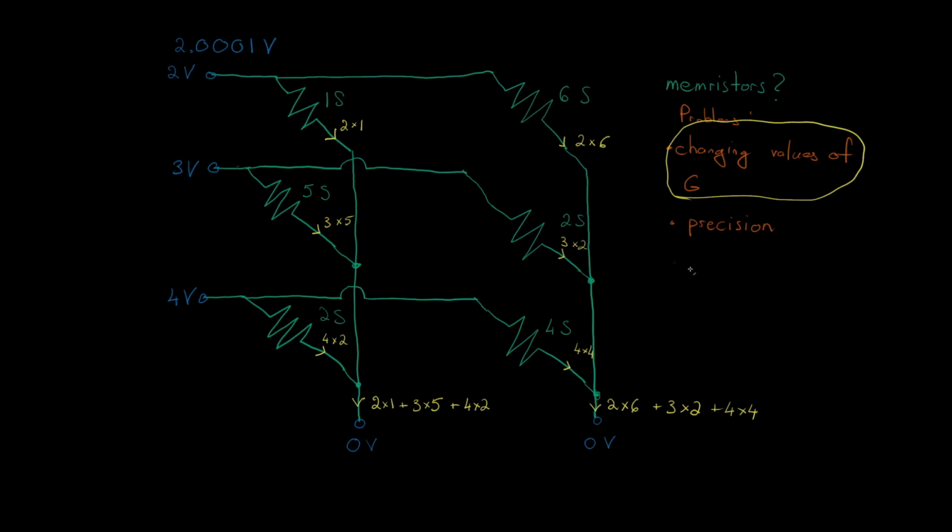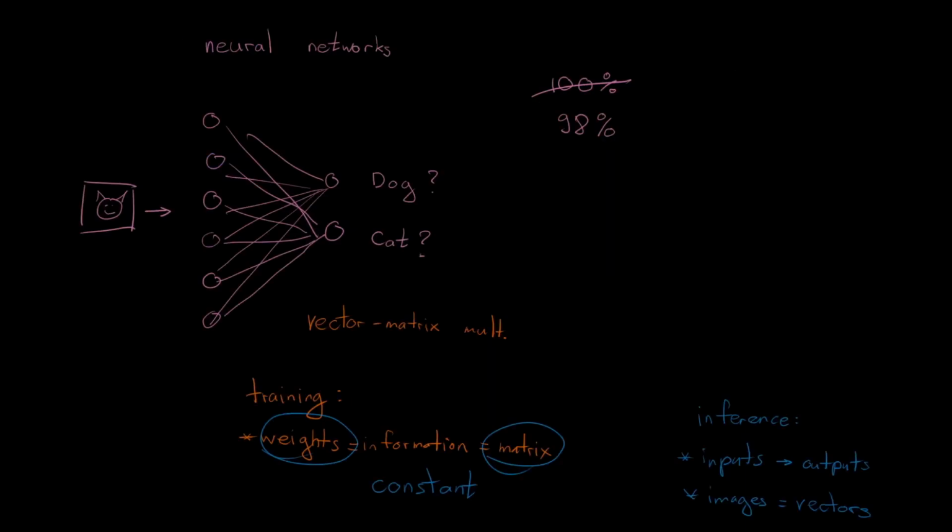Now, the second problem was precision. I kind of alluded to the fact that neural networks are not actually perfectly accurate, okay? They will never have 100% accuracy. They might have something like 98% accuracy. And what we find is that when these weights are changed a little bit, or these inputs are changed a little bit, we don't get 0% accuracy.